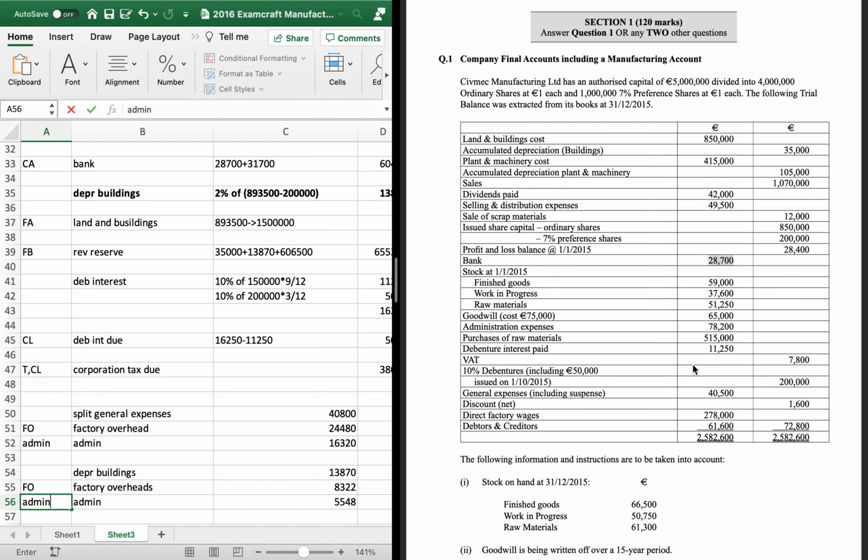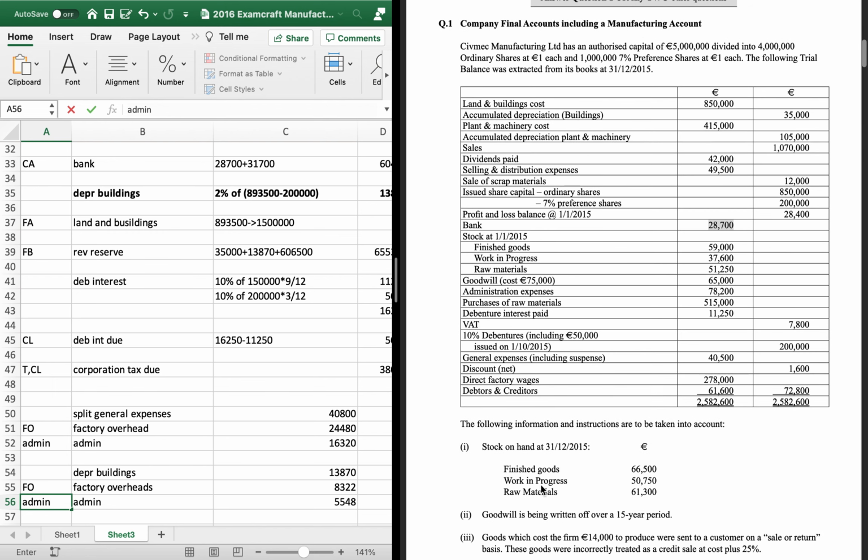VAT is a credit, so it's a current liability. Debentures in the financed by. General expenses we've done. Discount net is a credit, so that is added on. Direct factory wages we changed, and debtors we changed. Creditors is a current liability. And then obviously work in progress and raw materials both go in the manufacturing.